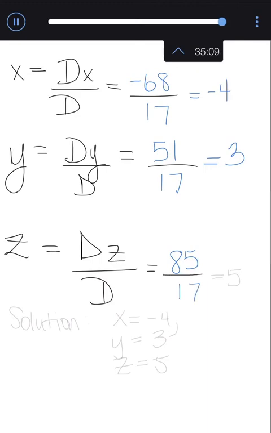So 85 divided by 17 would be 5. So that gives us a value of 5 for z. That means our final solution using Cramer's rule is x equals -4, y equals 3, and z equals 5.